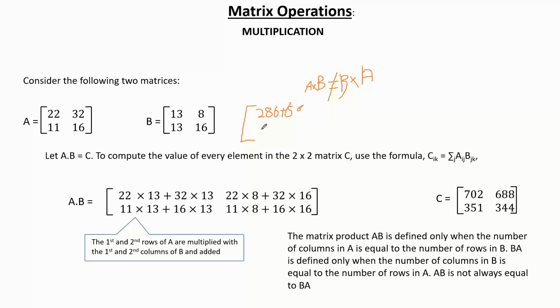So this would be the first element, and then if you subsequently go for the second element, for example, if you want to go for this element, it will be 13 into 32 plus 8 into 16. So how much is 8 into 16?